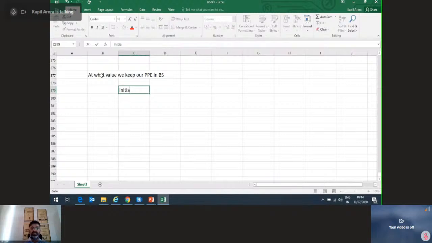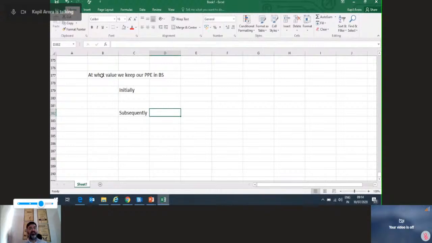Initially, when we are first acquiring that, and subsequently, when we have already acquired, and now every year at what value we are going to show that.